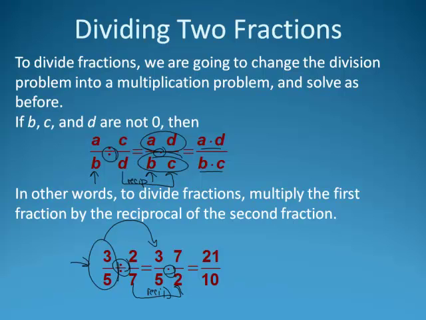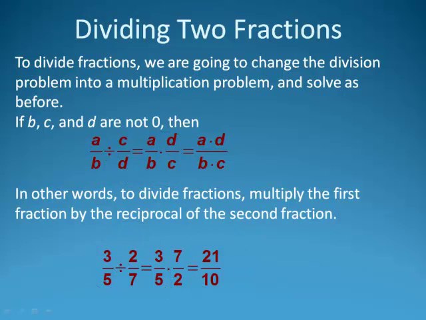So flip 2/7 over to give us 7/2, and then do the multiplication. 3 times 7 is 21, and 5 times 2 is 10. And that is simplest form. Remember, you always want to reduce your final answer to simplest form if needed. But there are no common factors to reduce that with.